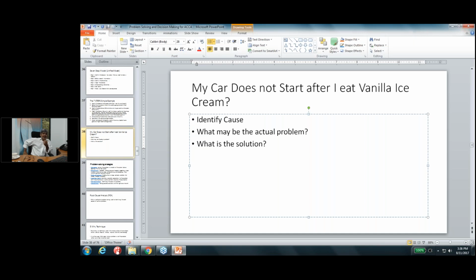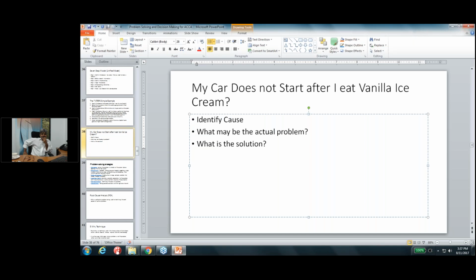Whenever, it may be hot weather or cold weather, morning, evening or afternoon. Mr. O'Malley is saying the problem might be the relation between the car problem and the ice cream, maybe the location. Okay, good, very good. So it's going in the right direction.